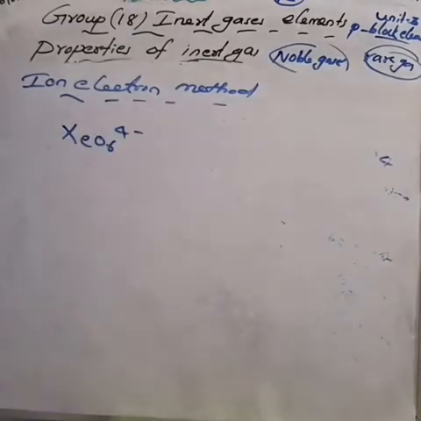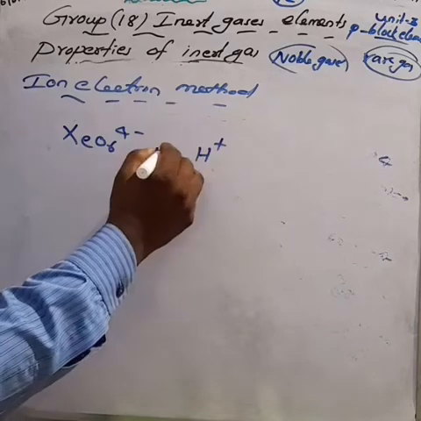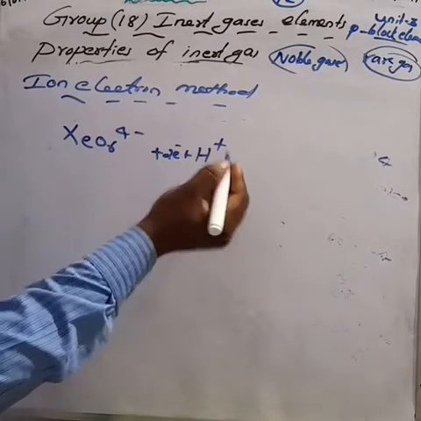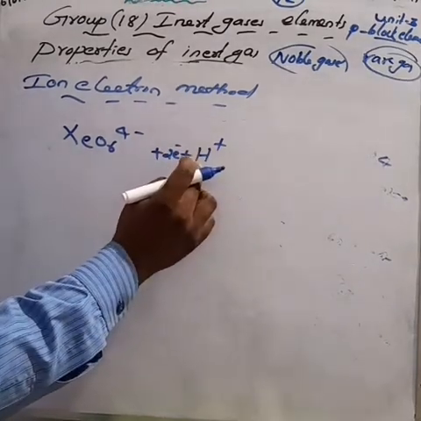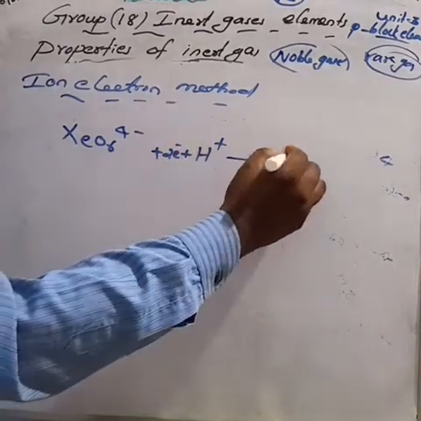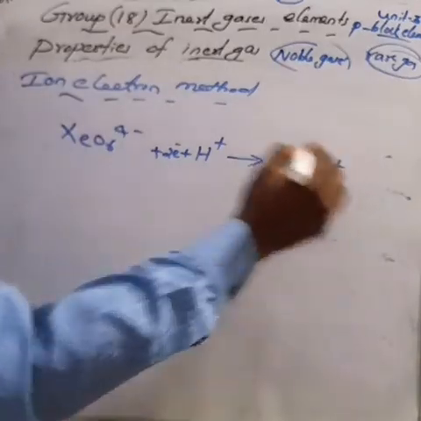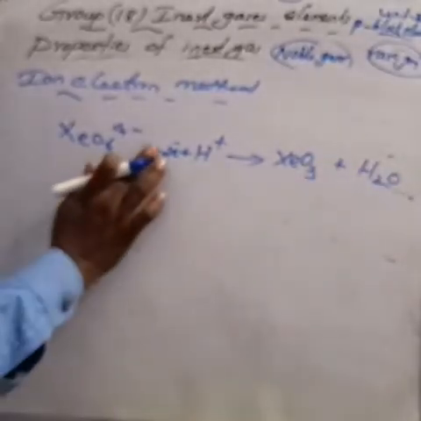And I add H+ ions because the reaction goes on in the presence of sulfuric acid, H+ ions. We get xenon trioxide XeO3, and the hydrogen also combines with oxygen to give water molecules, H2O.